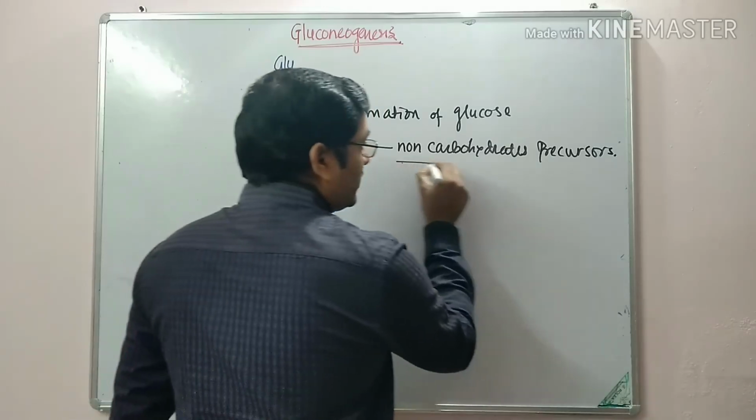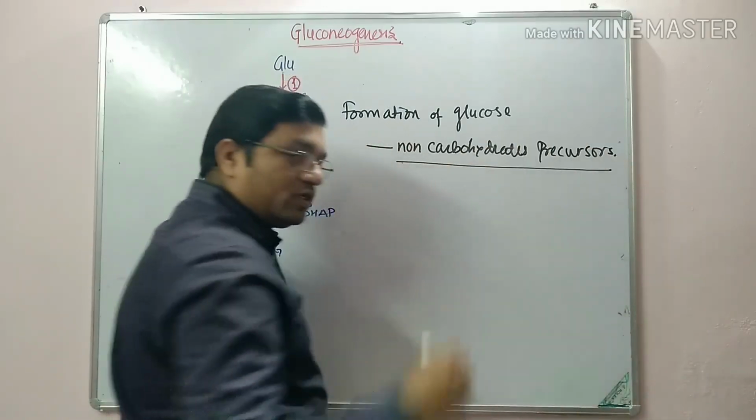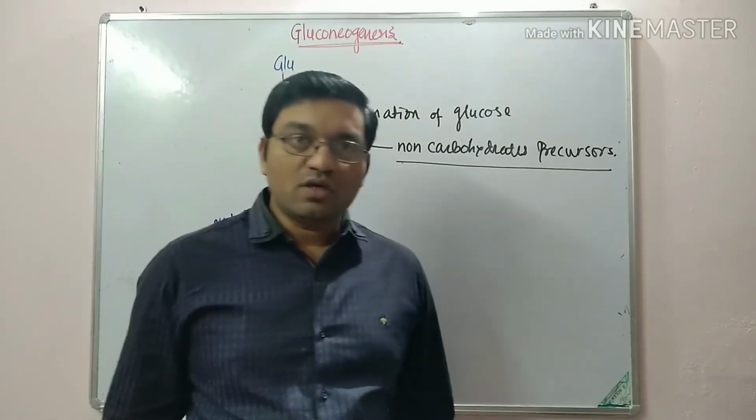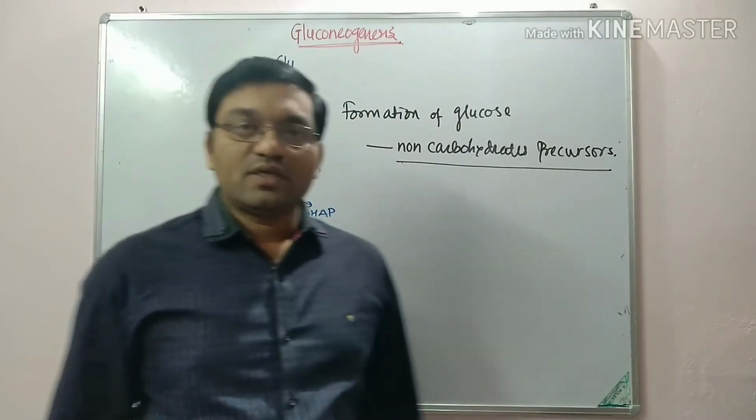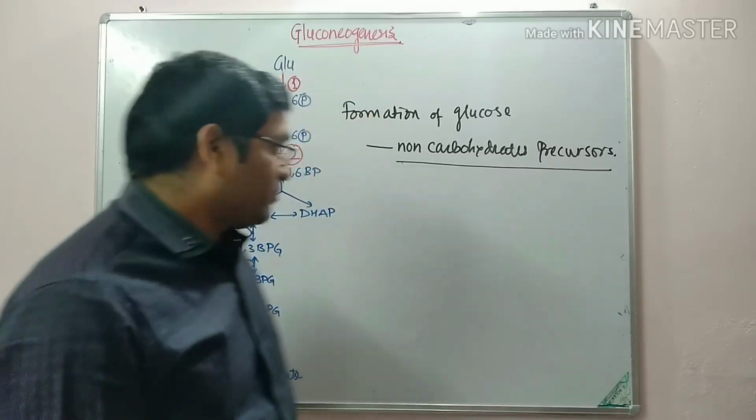These non-carbohydrate precursors include lactate, glycerol, glucogenic amino acids and propionyl CoA.